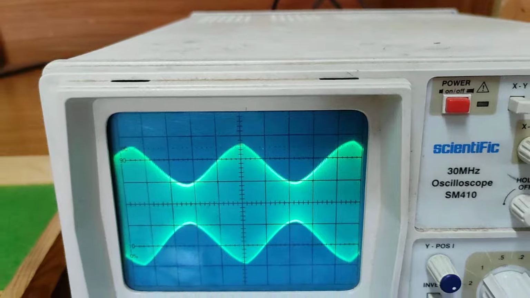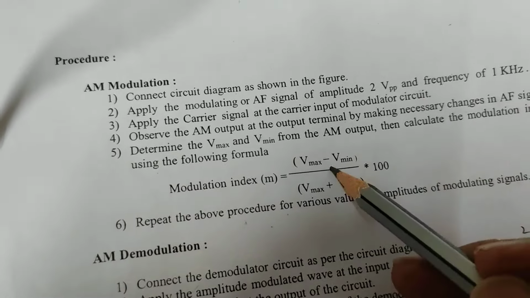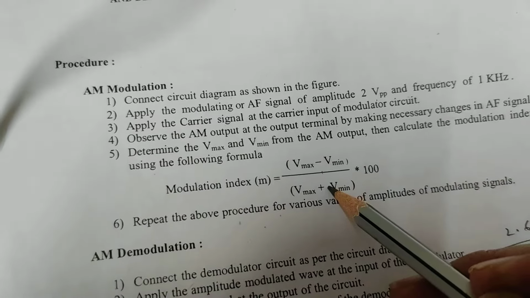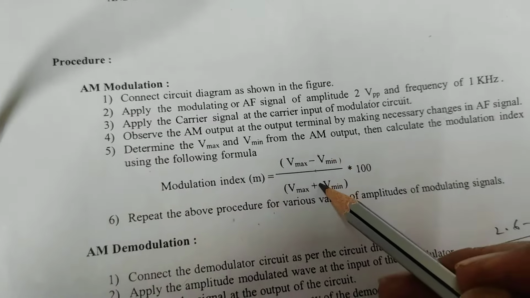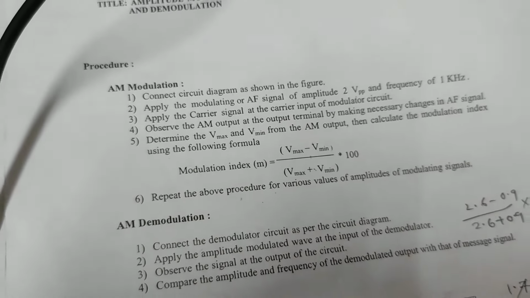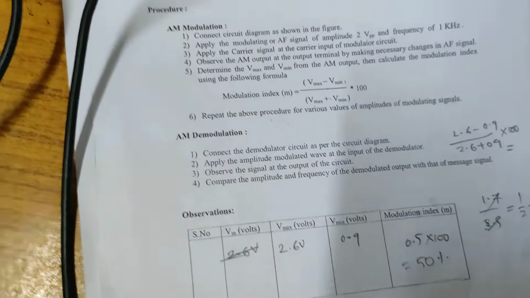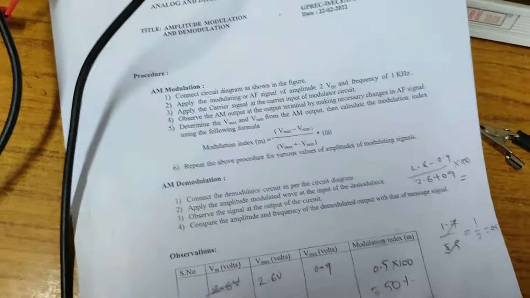Then you may get a modulation index value greater than 1. The reason, if you see the formula, is that the numerator value will be greater than the denominator. Whenever the numerator value is greater than the denominator, that ratio is greater than 1. So in this way we are going to calculate the modulation index for different cases of AM modulation.